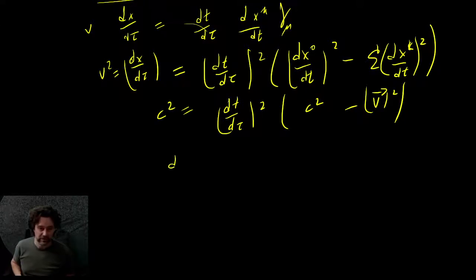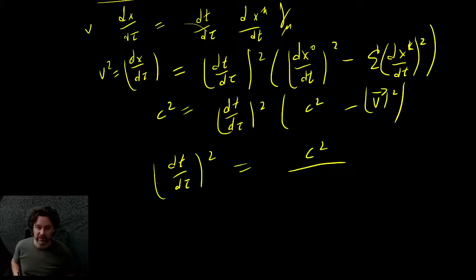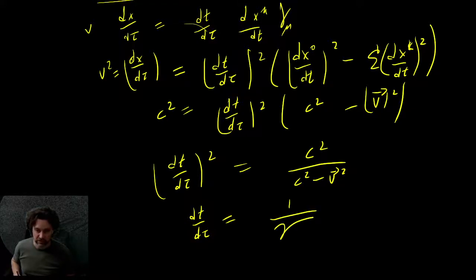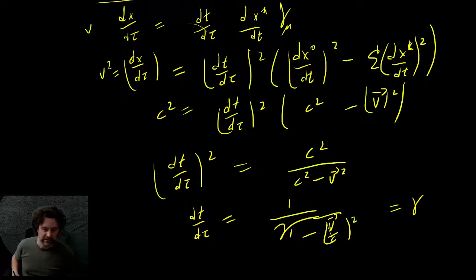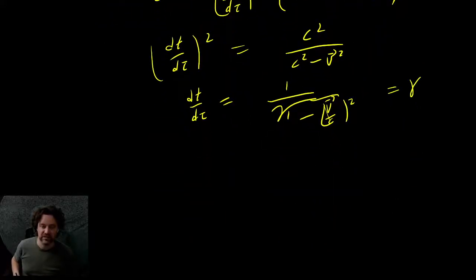We're left with dt d tau all squared is c squared divided by c squared minus v squared, or dt d tau is 1 over the square root of 1 minus v over c squared. We have the Lorentz factor, what we would call gamma in any book on special relativity, 1 over the square root of 1 minus v squared over c squared.